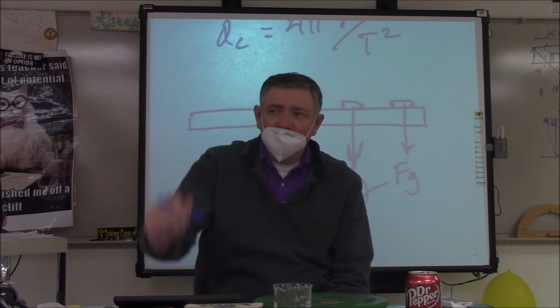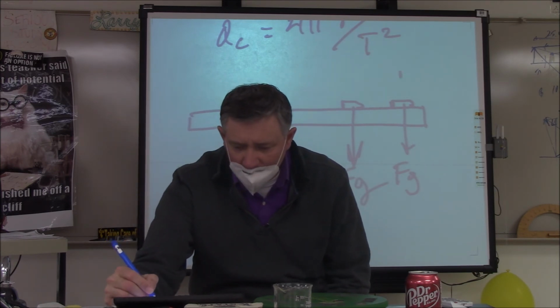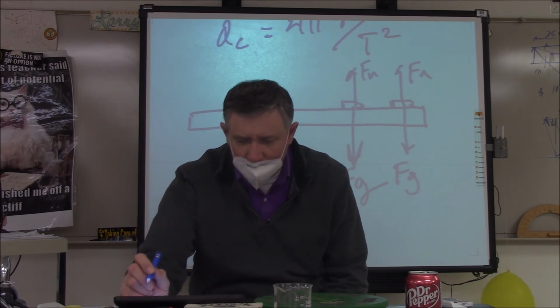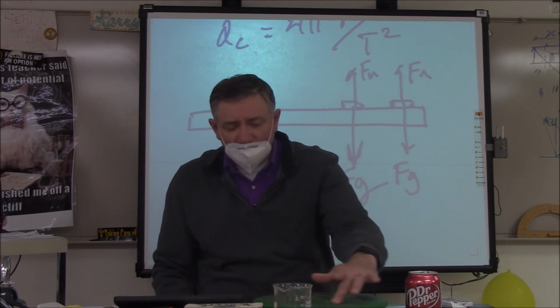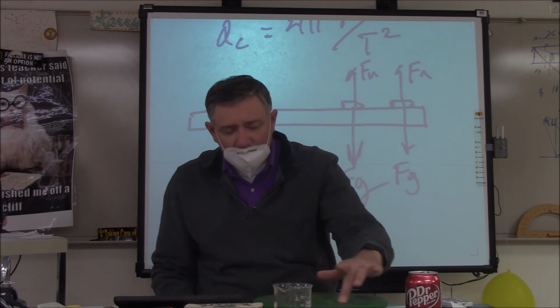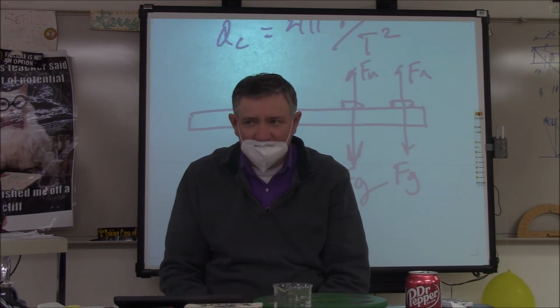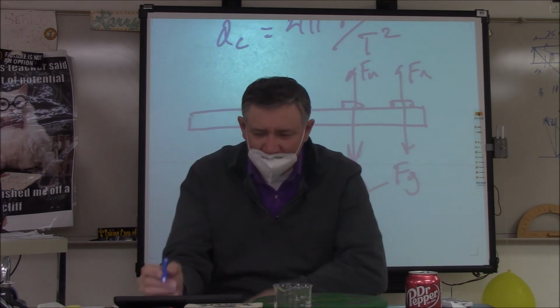What's another one? Force normal. Okay. Right? Now, they're moving in a circle. So what's the 3rd force? Centripetal. And which direction is it going to act? Towards the center. Beautiful. Okay?